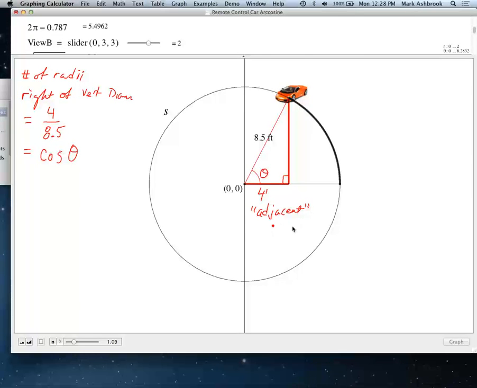So that's the adjacent leg. All right, and then there are 2 legs that make up the right angle. Then this leg is called the opposite leg.